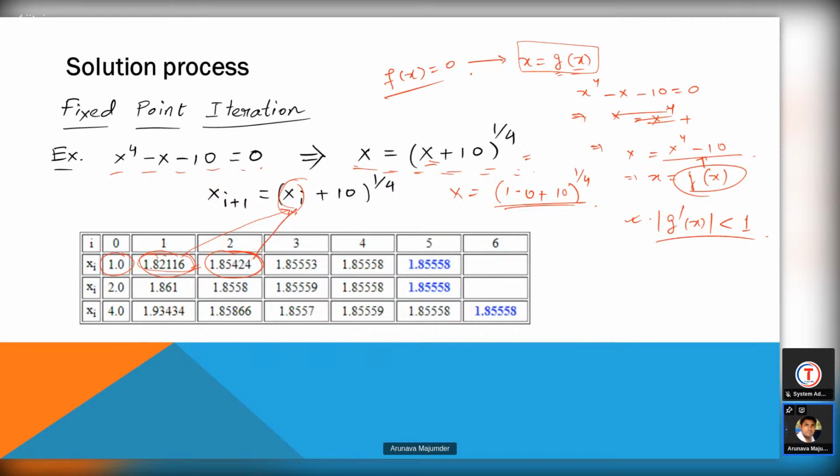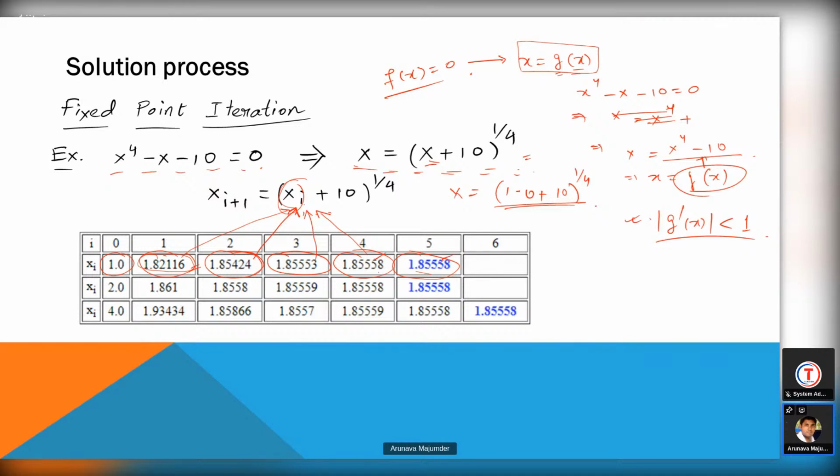Again, we put this value here in the same formula. We are getting the third value of x. Again, we put this value here. We are getting the fourth value of x. Again, we put this value here. We are getting the fifth value of x. Now you can see that these solutions are matched one by one: 1.855, this is 1.8558, this is again 1.85558, and so on.